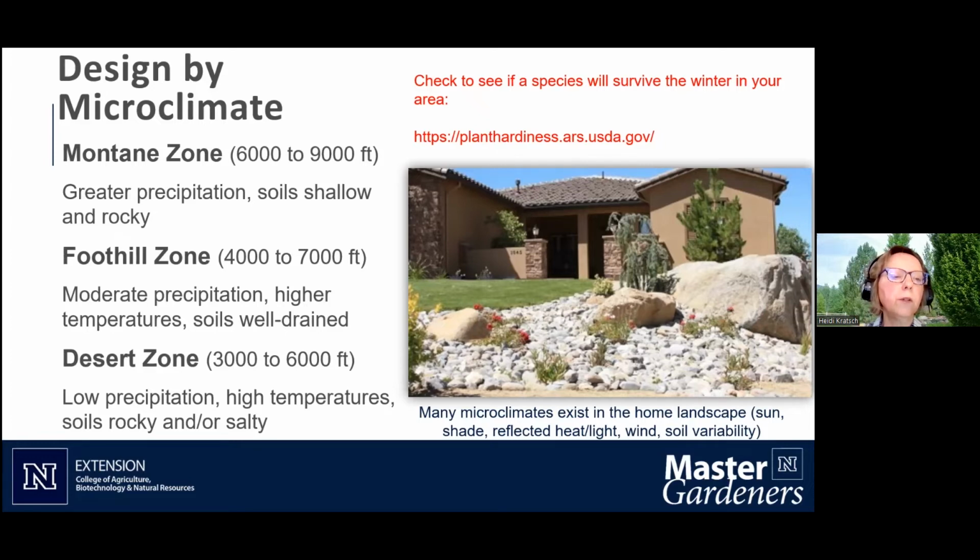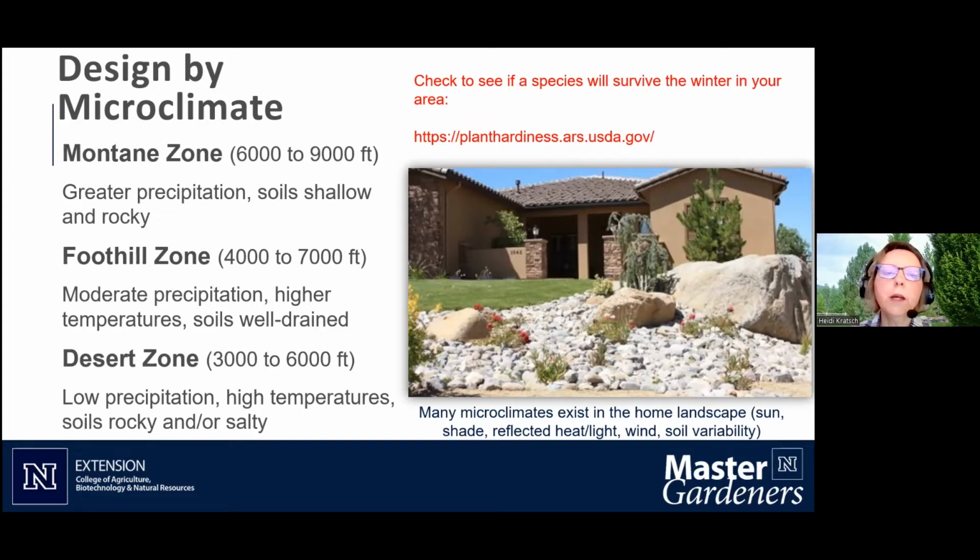At this level, you've got low precipitation levels and very high temperatures, with soils that are rocky and sometimes even salty. These are general plant communities that exist in our natural areas. For landscape design purposes, the microclimates that I'm discussing here correspond to these three main plant communities that occur in our natural areas.